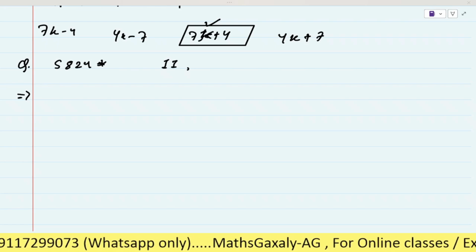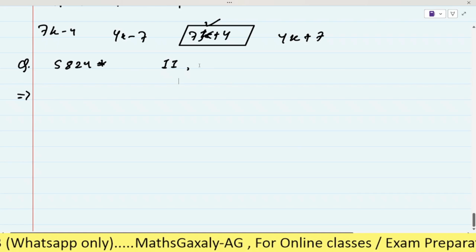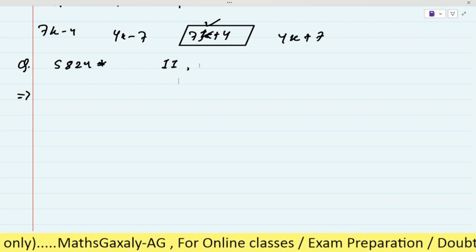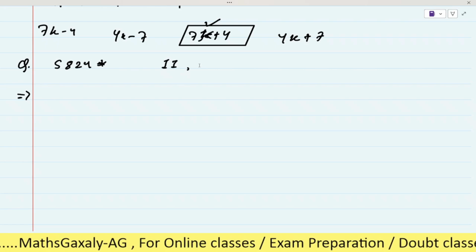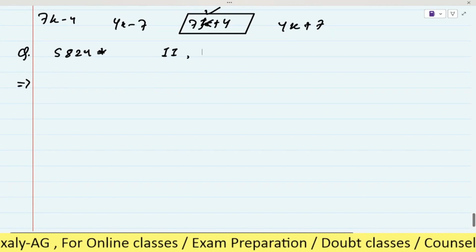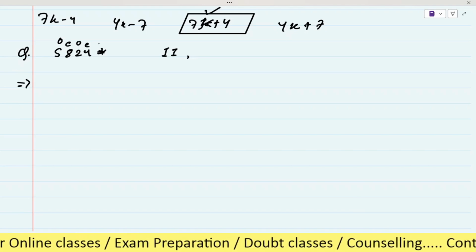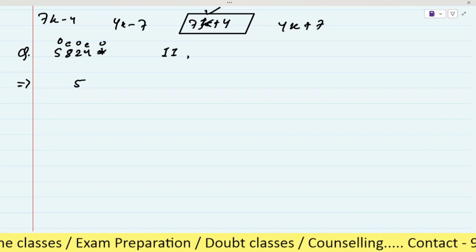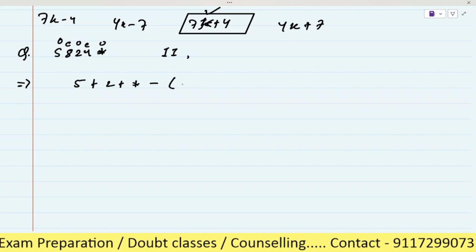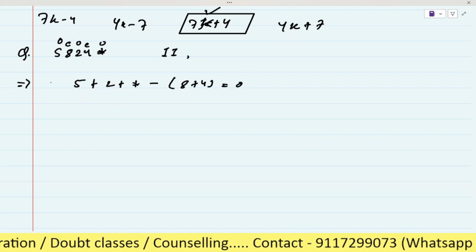So here we have to just apply the concept of the divisibility rule of 11, right? It is adding the odd and even places digits. So if 5 is in odd, then 8 will be even, then odd, even and odd. So here it will be 5 plus 2 plus star minus 8 plus 4, it should be equal to 0, right?